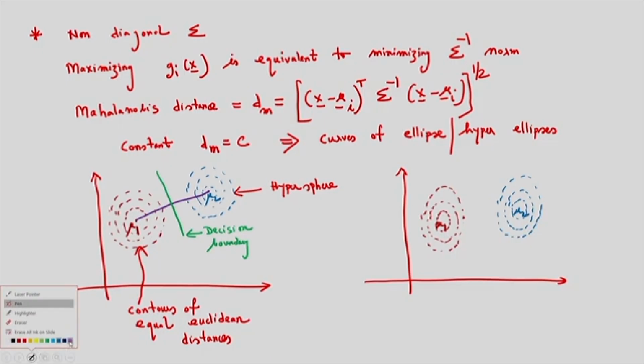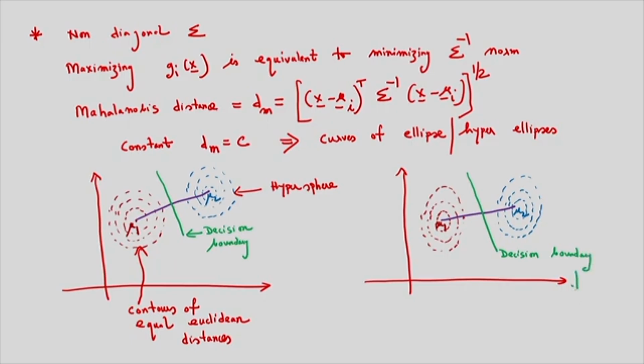Now I have to determine the difference between these two means. So this is the difference between these two means. So in this case, because we are considering non-diagonal covariance matrix, the decision boundary will not be orthogonal to the weight vector. So maybe the decision boundary may be something like this. It is not orthogonal. This is the decision boundary, and this is not orthogonal.